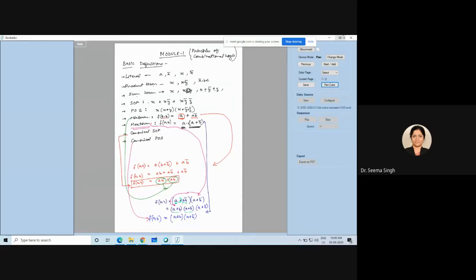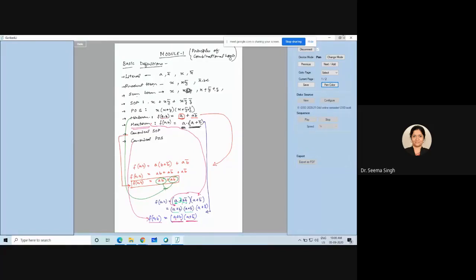Now about this output variable logical 0, all these I will further explain to you people. As of now, you understand that canonical POS means if it is f of a, b, then each max term, this is your first max term, this is your second max term, should have all the variables.